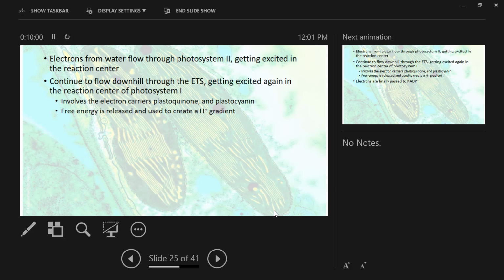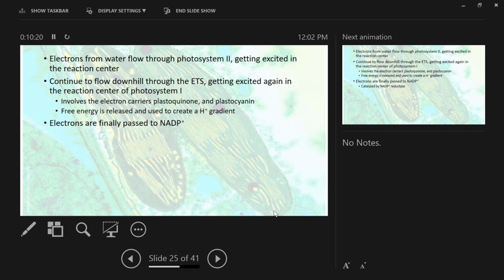And again, unlike cellular respiration, oxygen is not the final electron acceptor. Oxygen was made during this process, but that oxygen diffuses out of the plant's tissues. Instead, NADP plus is the final electron acceptor.